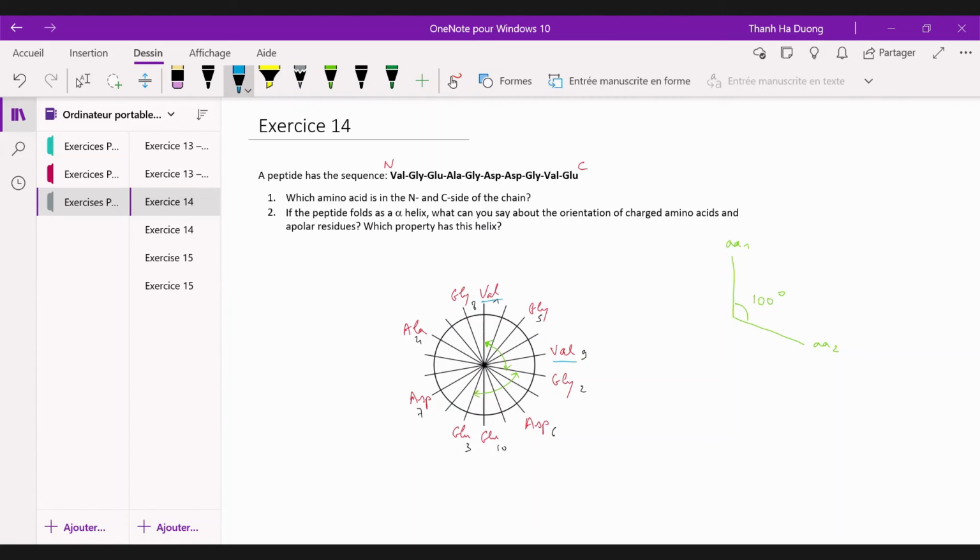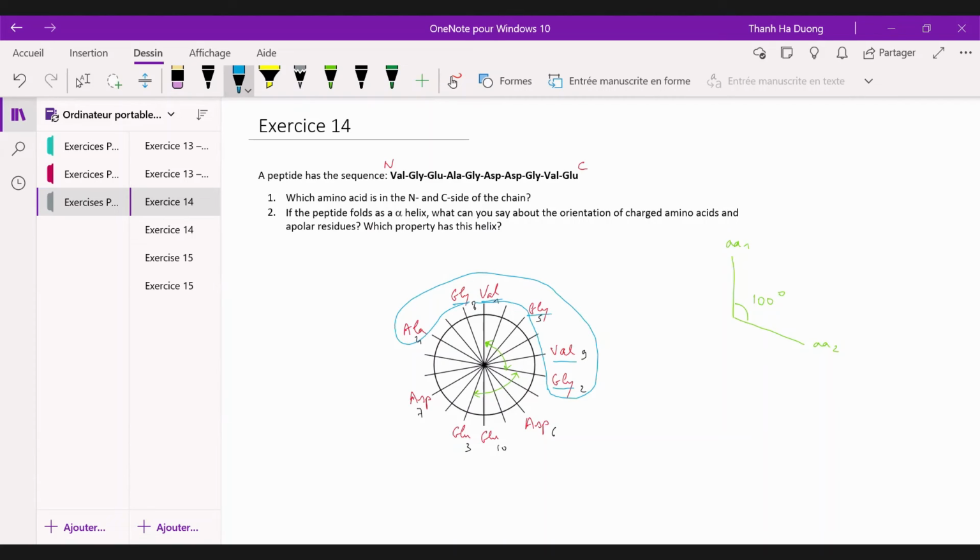I cannot hear you, sorry. Apolar, okay. Glycine. You see that all the apolar, and you have also alanine, are on the same side of the alpha helix.